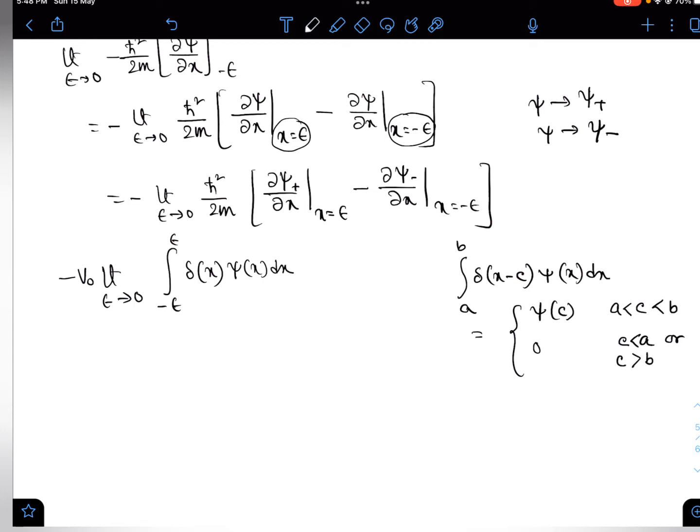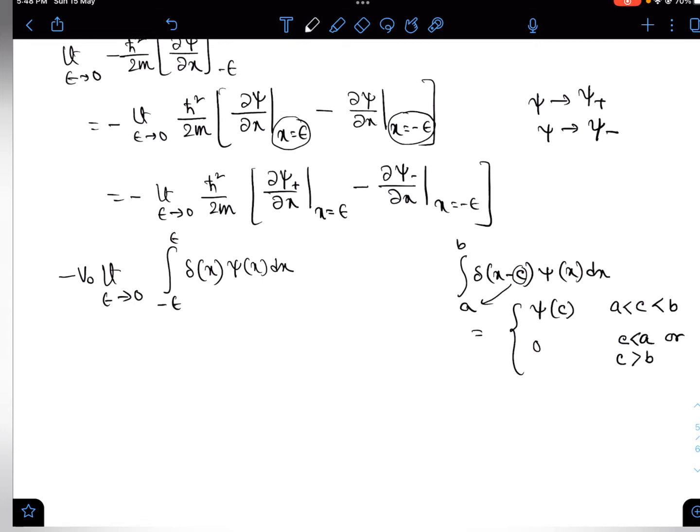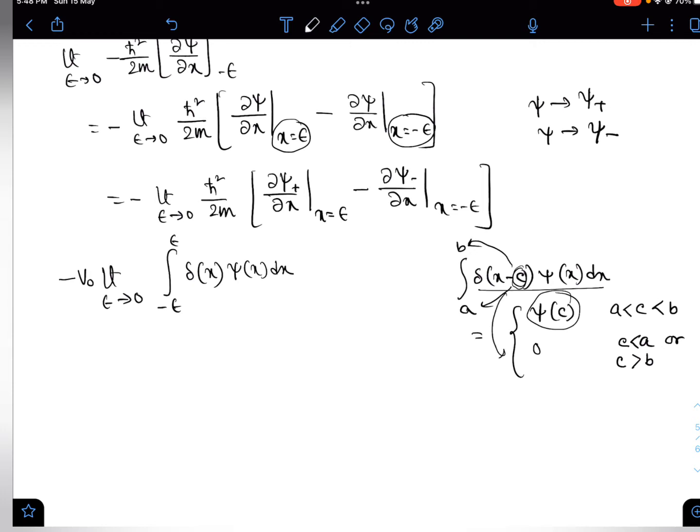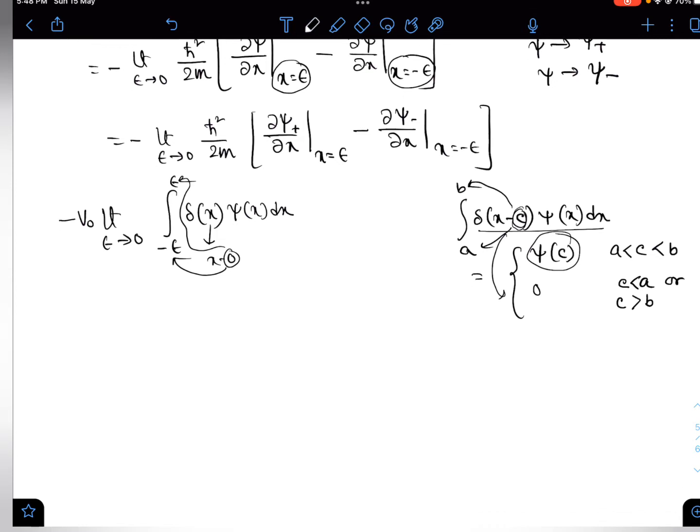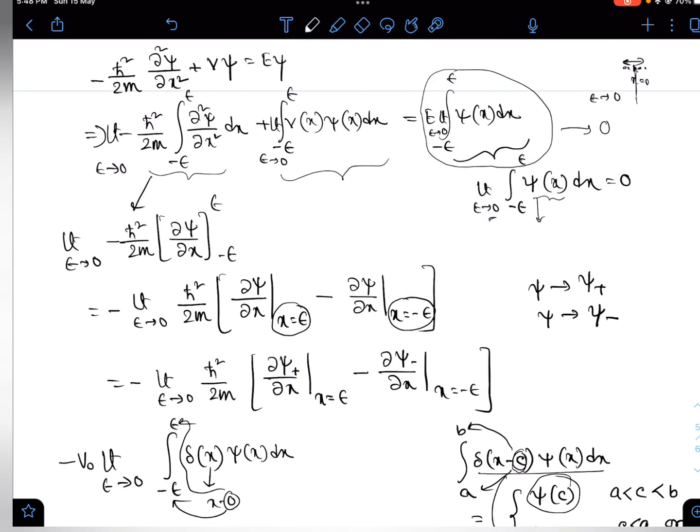So if this c lies within the two integration limits, the function will give us this, and if it doesn't lie within the limits, it will give us 0. We can write this as x minus 0, and 0 is within the integration limits. So this will give us minus V0 into psi 0, which is what we get from the second term.